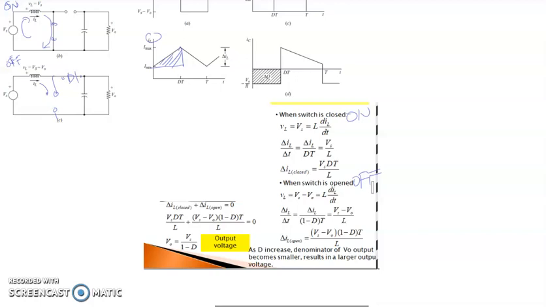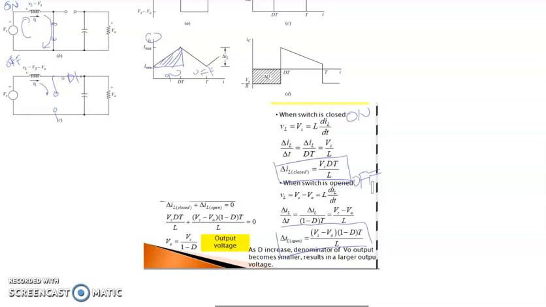And the same goes when the switch is off, open circuit here, meaning your equation will become Vs minus V naught times (1 minus D) times T, divided by L. So this happens when the switch is closed, switch on and switch off. Ideally this is on, this is off, on, off.